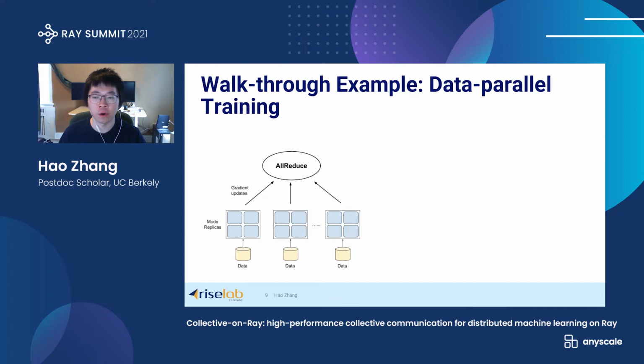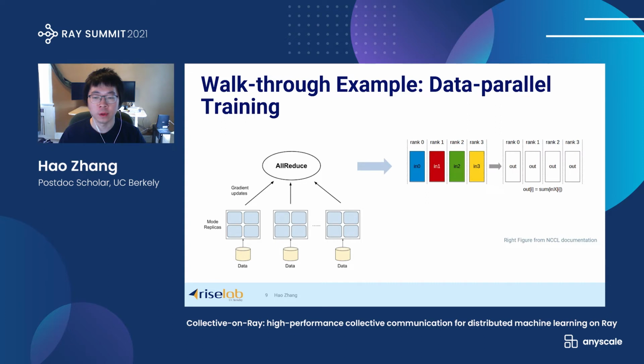Once the gradients on all processes are ready, we invoke an AllReduce communication on each process to synchronize the gradient updates. What the AllReduce does is that it will communicate the local gradients of each process to all other processes and aggregate them. After this, all processes will have the aggregated gradients and can safely apply the aggregation to update their local parameters and then proceed to the next training iteration.